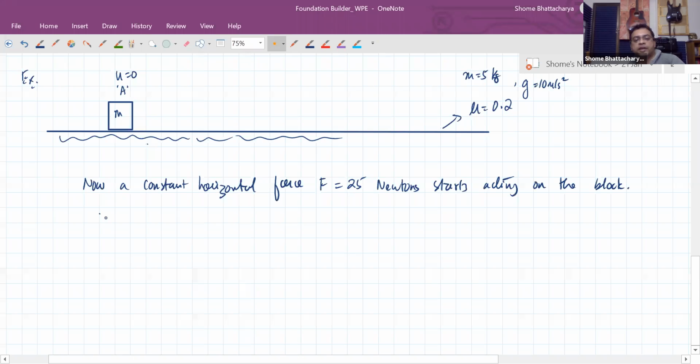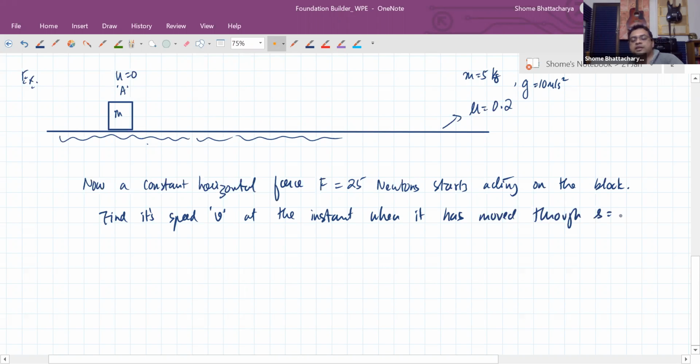And we want to find its speed v at the instant when it has moved through a displacement of magnitude, let's say, 10 meters. By the time it has moved through a displacement of magnitude 10 meters, we want to find out how much the speed is.